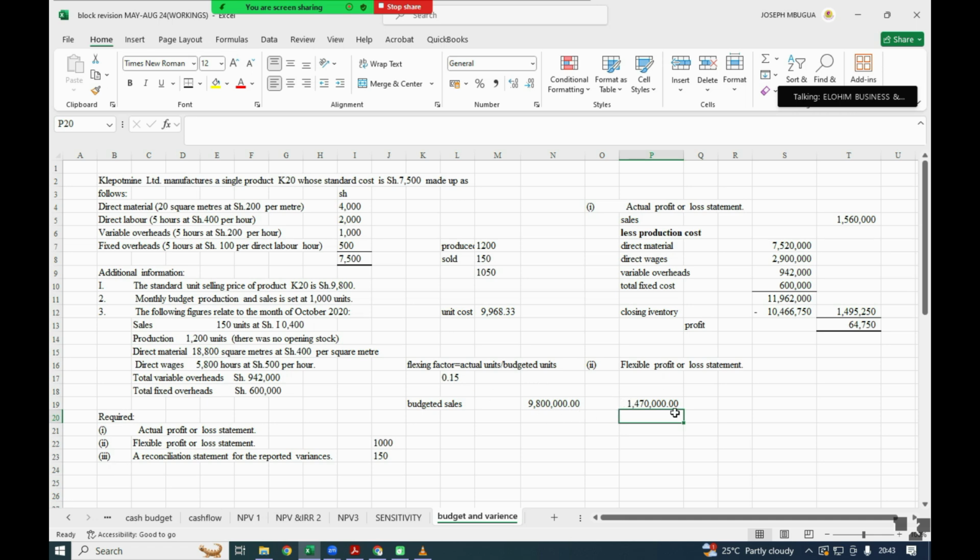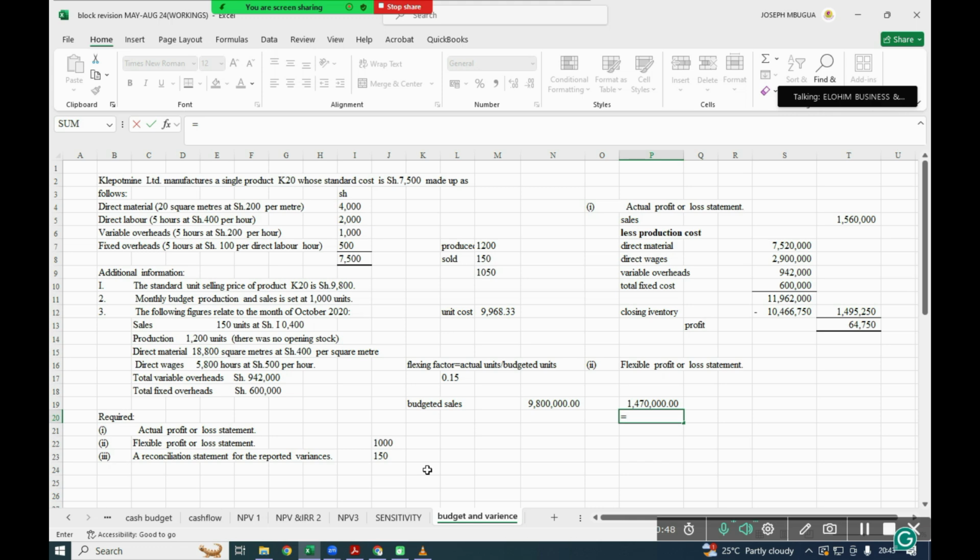Or the other way that we can deal with this, the shorter way, is the one that we shall use, because using the first requires us to prepare the budgeted sales or the budgeted income statement, then flex the entire thing apart from the fixed cost.